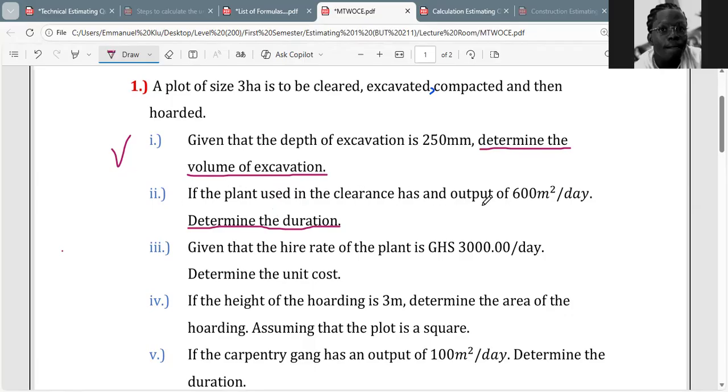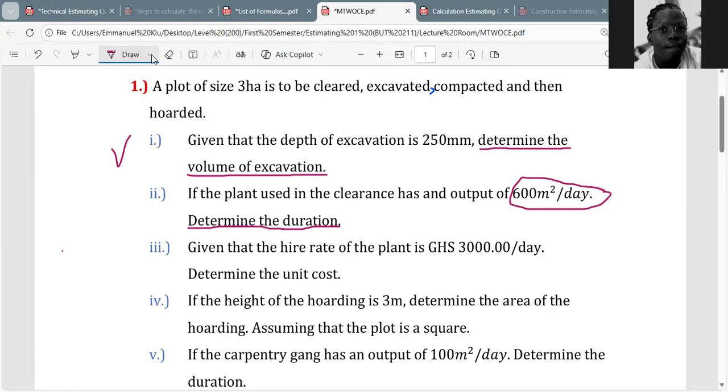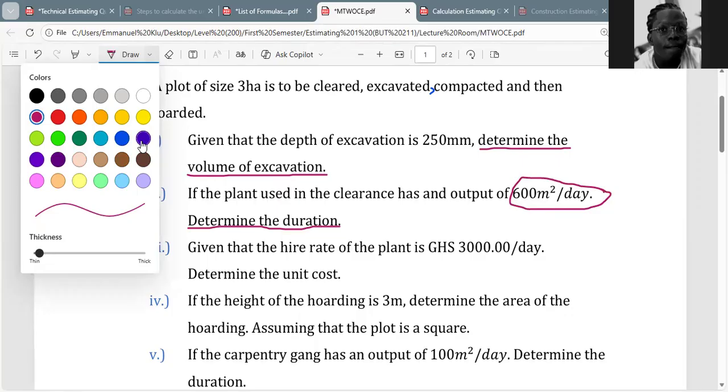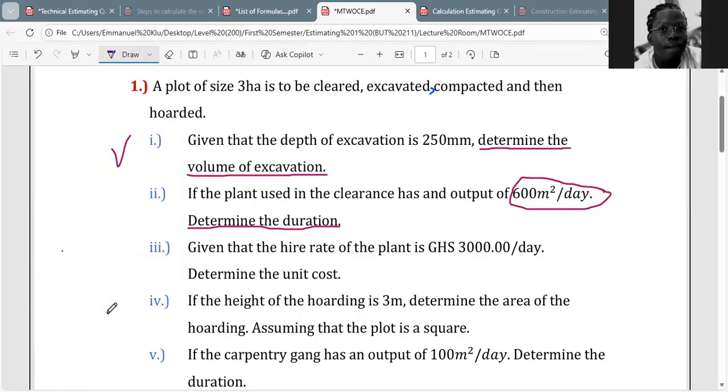From what we learned the other day, what did we say is the formula for duration? The duration is equal to the total quantity over the daily output. Now this is the daily output that has been given to us over here. Take note, always watch the daily output clearly to be sure of the one you are supposed to use in calculation of your duration.